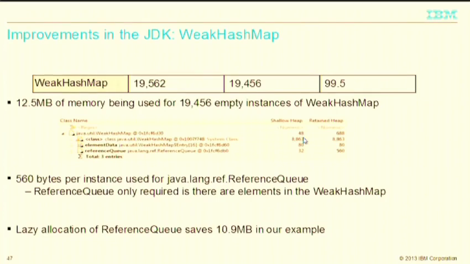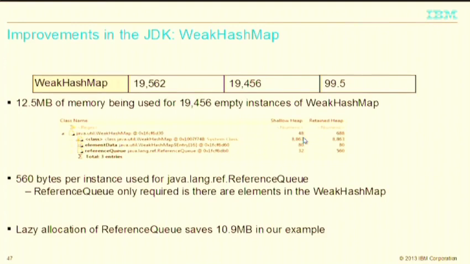When you get a weak hash map, it's kind of a unique collection because inside your weak hash map, you get an array of weak hash map entries, size 16. So it's exactly the same as a hash map: a 16 array when it's empty and an owning weak hash map object. But you've also got a reference queue. That reference queue is used to get rid of objects when they're not being used anymore.